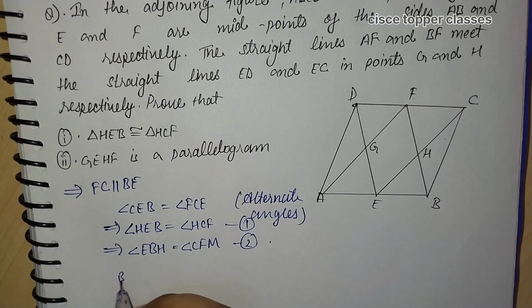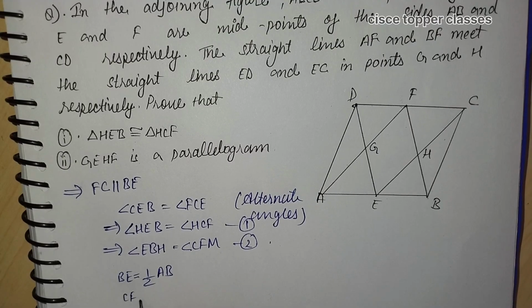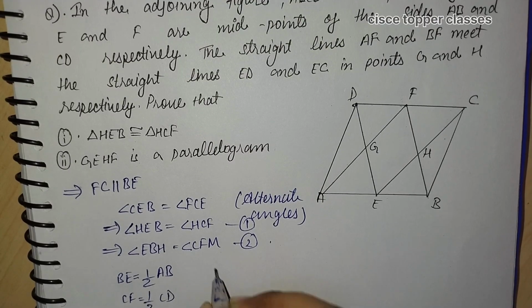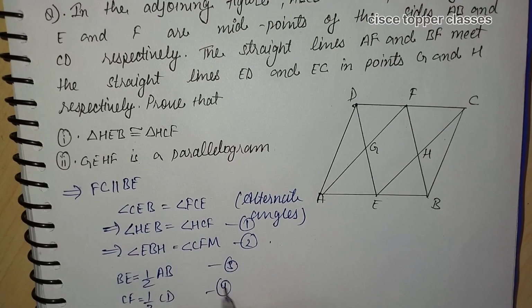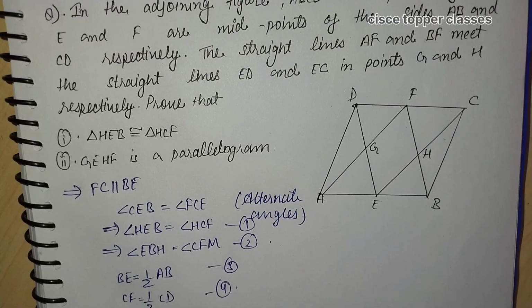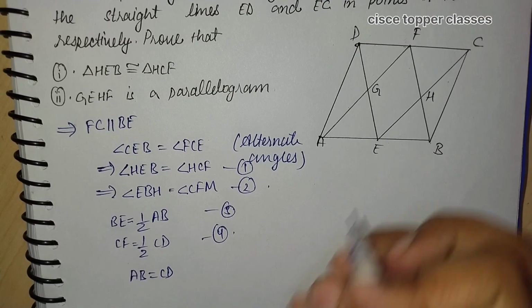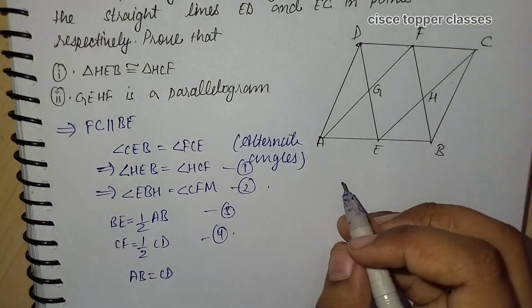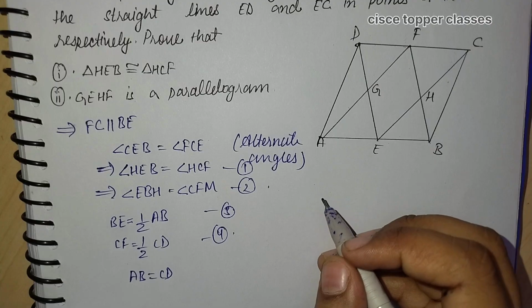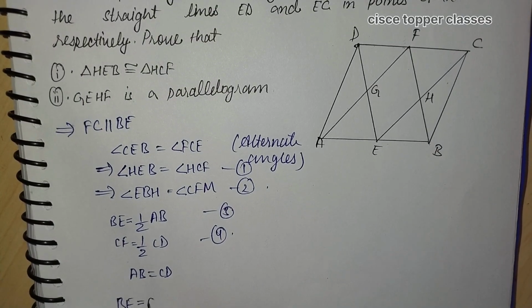So simply we can write BE is equal to half of AB and CF is equal to half of CD. Put it as third and fourth. Now, but ABCD is a parallelogram, so simply we can say that AB is equal to CD here, because ABCD is a parallelogram. As half of AB and half of CD are equal, from here only we can write BE is equal to CF.